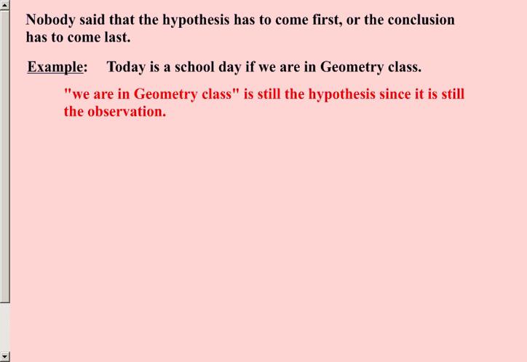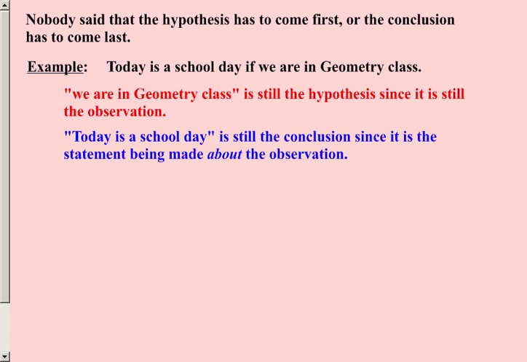And one of the things you can watch out for is that the hypothesis still carries the if part of the statement. Today is a school day is still the conclusion, since it is still the statement that is being made about the observation. Notice that the word then no longer appears in the sentence.